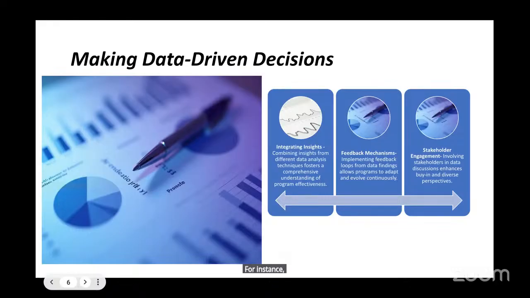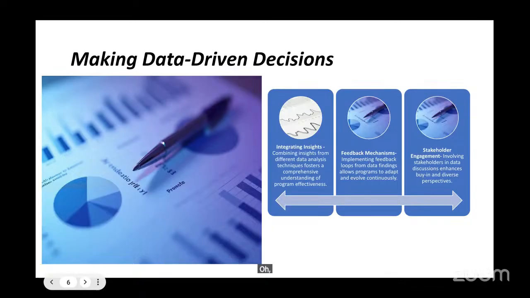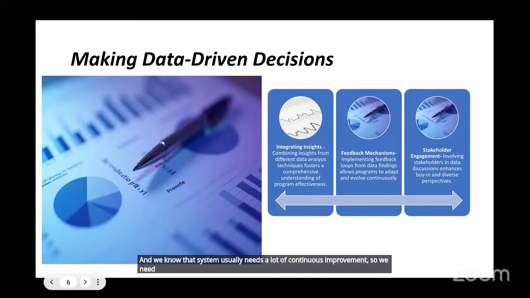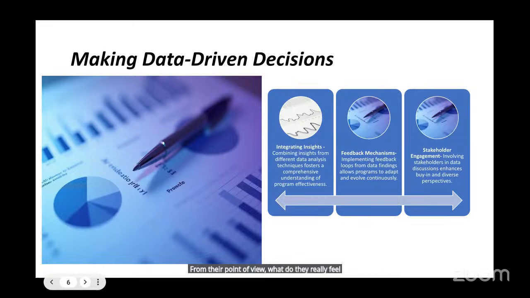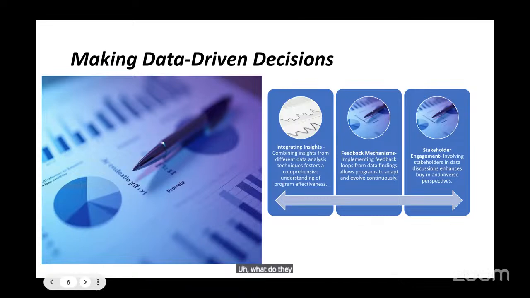For instance, if your intervention is on system thinking, or it's a system intervention, we know that a system usually needs a lot of continuous improvement. So we need to ascertain from their point of view what they really feel should be improved over time. What do they feel is lacking? What can we do differently? Getting feedback from the end users is very important.